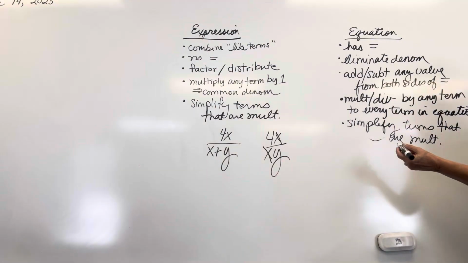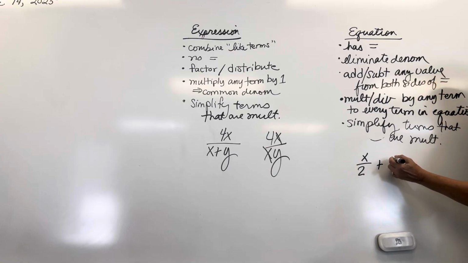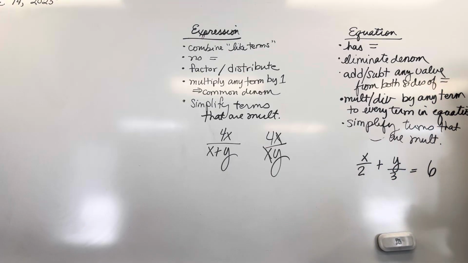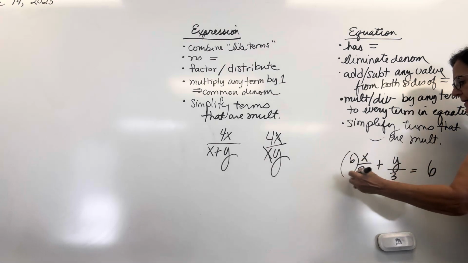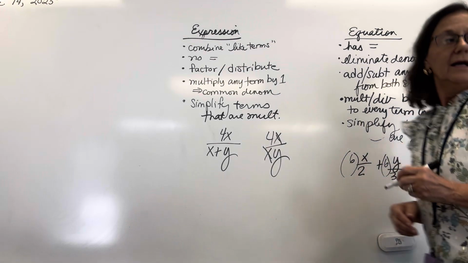For the same reason, if I have now an equal sign, and I want to eliminate the denominator, what do I multiply each term by? 6. I multiply each term by 6. Least common multiple.